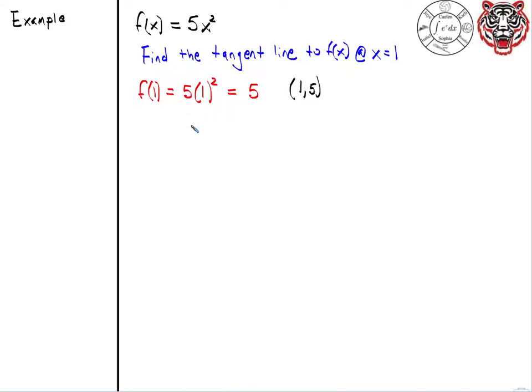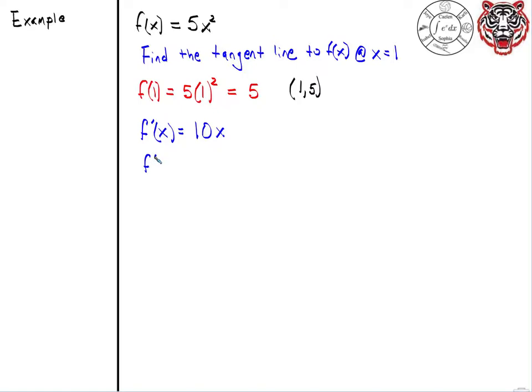So we know that we're missing f prime, so how are we going to do that? Take the derivative. Okay, so f prime of x, that's going to be what? It's 10x. Okay. Cool. Is that the slope, 10? No, careful here, because we have to plug in 1.